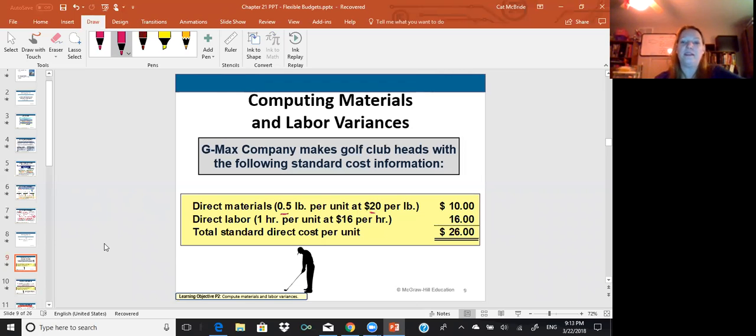This is planned, this is our budget, because this is standard. So we plan to spend $10 in material per unit. We plan to use 1 hour of labor at $16 an hour, so we plan to have $16 worth of labor in each one. So we planned for the cost of each golf club head to be $26.